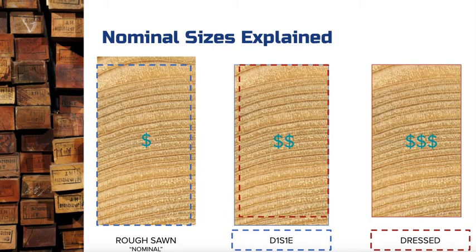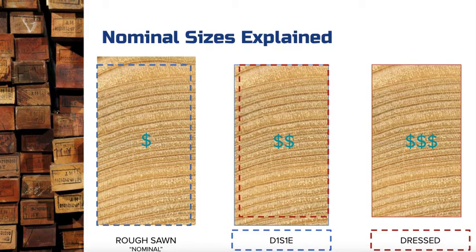This costs a little bit more to buy than rough sawn because someone or a machine has run to dress it, to actually cut off those raw surfaces and plane them down. So if you look at the rough sawn image and it's got the blue dotted line, that's what the D1S1E gets cut down to. So it cuts one side and one edge off.